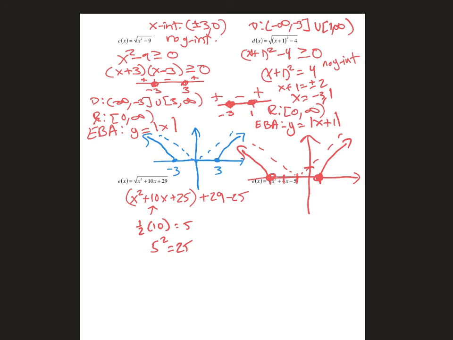I don't have an equal sign, so that's why I'm not bringing the 29 over to another side. I'm just rewriting this expression in a different way. So if I'm adding 25 in order to complete the square, I must also subtract 25. Well, x squared plus 10x plus 25 is a perfect square as intended. So x plus 5 squared, and then I've got this plus 4. Now this is in a form just like b of x, where you have this quantity squared plus a number. And so then you should be able to draw a graph similar to the one you did in b of x.